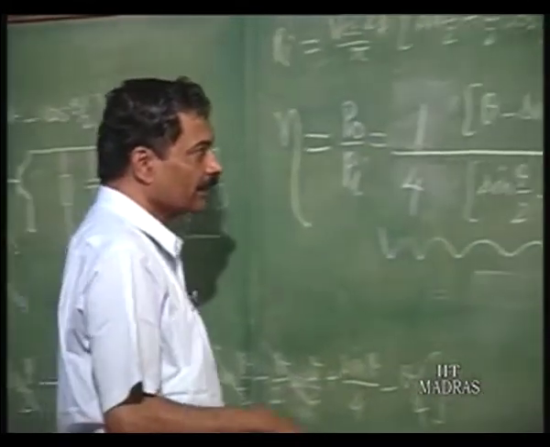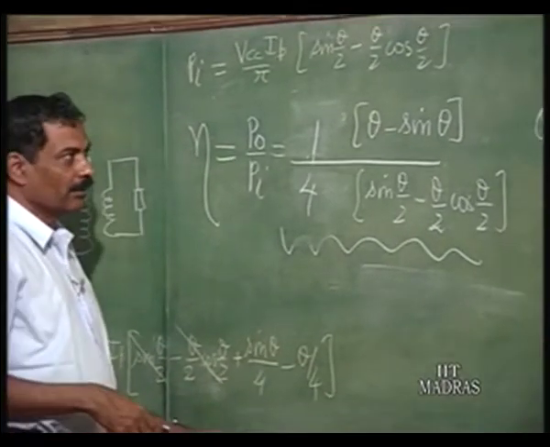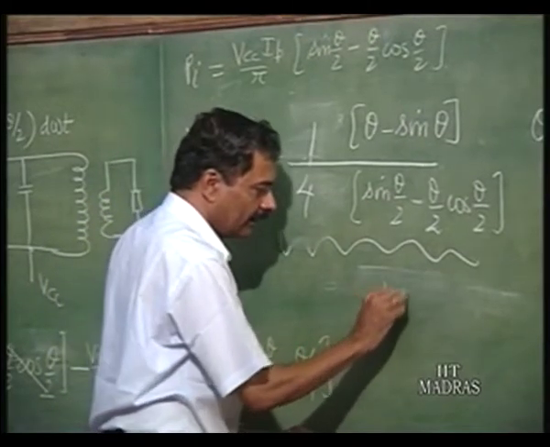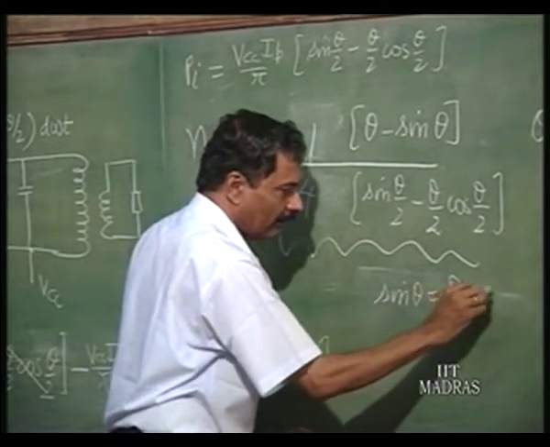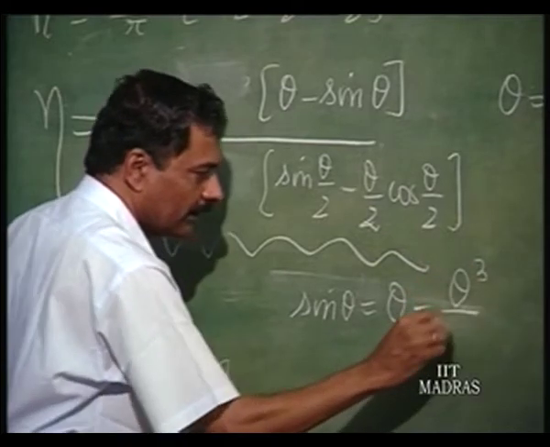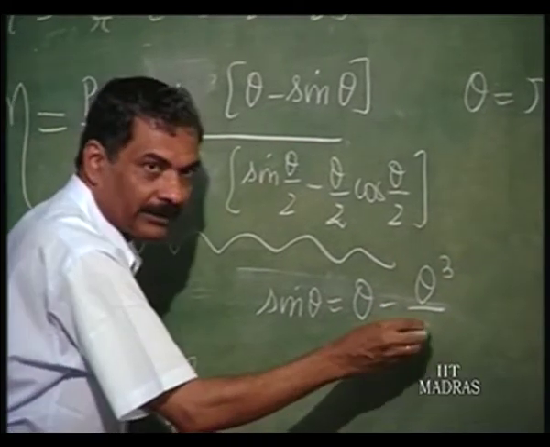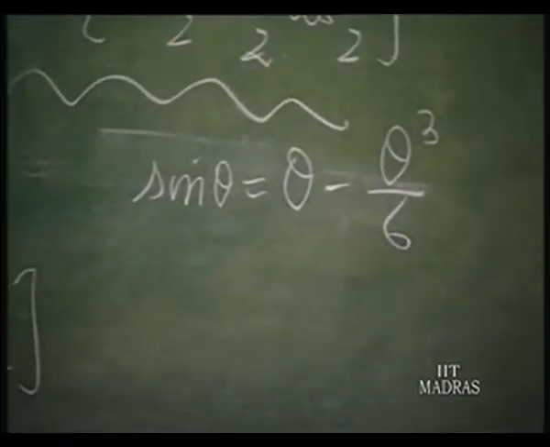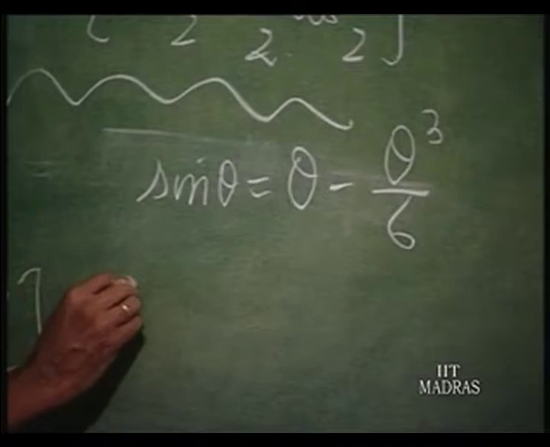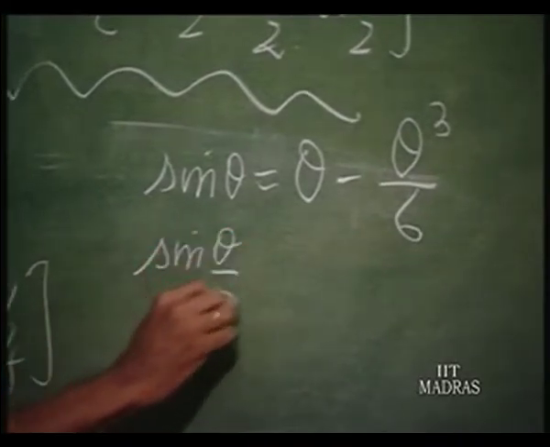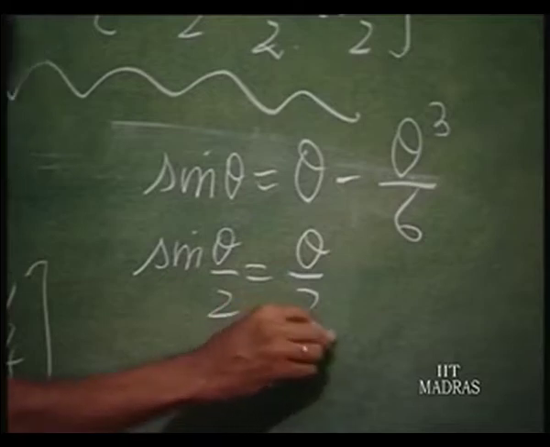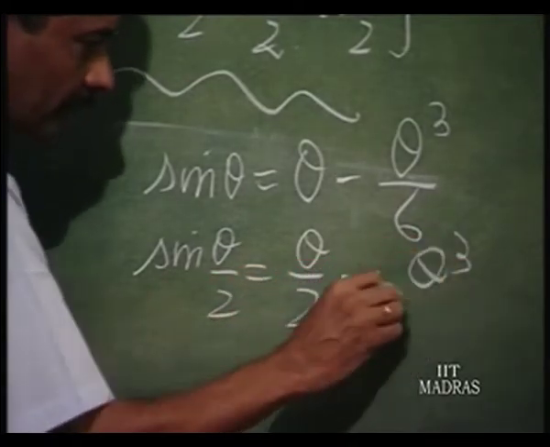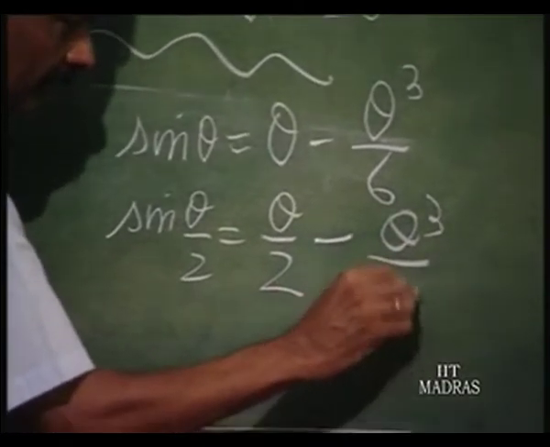Now, for theta very small, we can make approximations. For theta very small, sin theta is theta minus theta cubed divided by 3 factorial. The rest of the things you can ignore. So, sin theta by 2 is going to be theta by 2 minus theta cubed by 8 into 6.